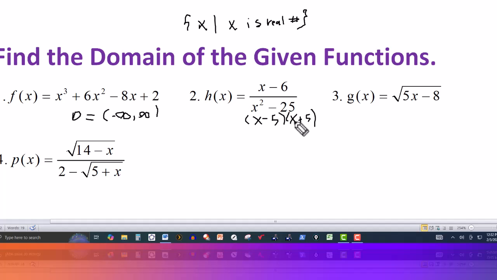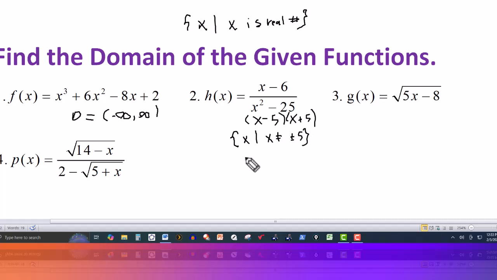Or if x is negative 5, plus 5 is 0, and then 0 times the other factor is 0. So those produce a 0 in the denominator. So for this one, set builder notation would be the set of all x such that x does not equal plus or minus 5.